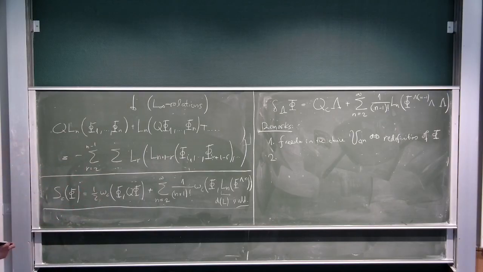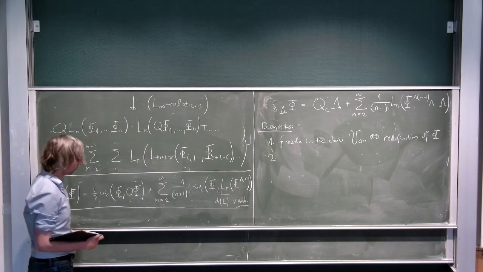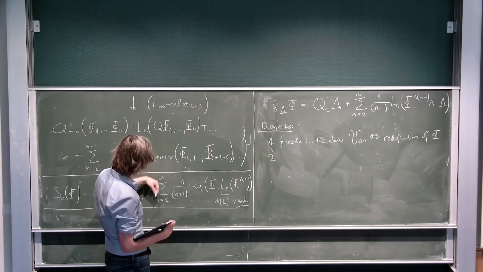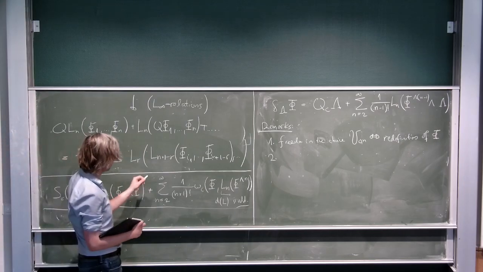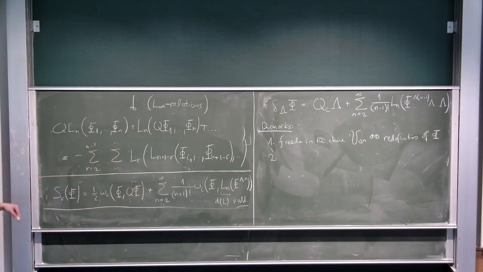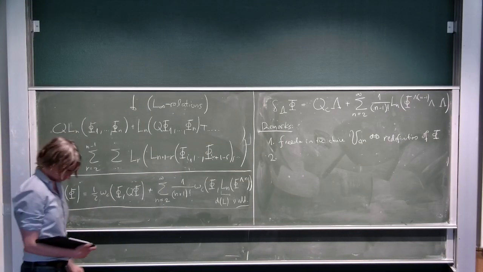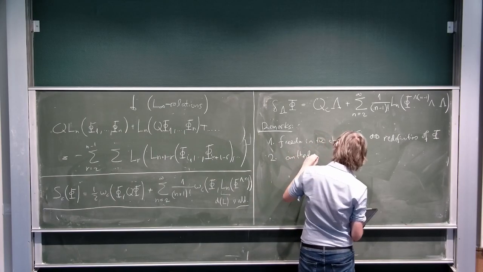I was omitting these factors of g string just to reduce clutter, but they will be there. In particular, those interactions can then be formally set to 0 by setting g string to 0, because these powers of g string will be positive. That nicely corresponds with the intuition that as soon as we set g string to 0, we should reduce back to the free theory. So we have omitted g string.